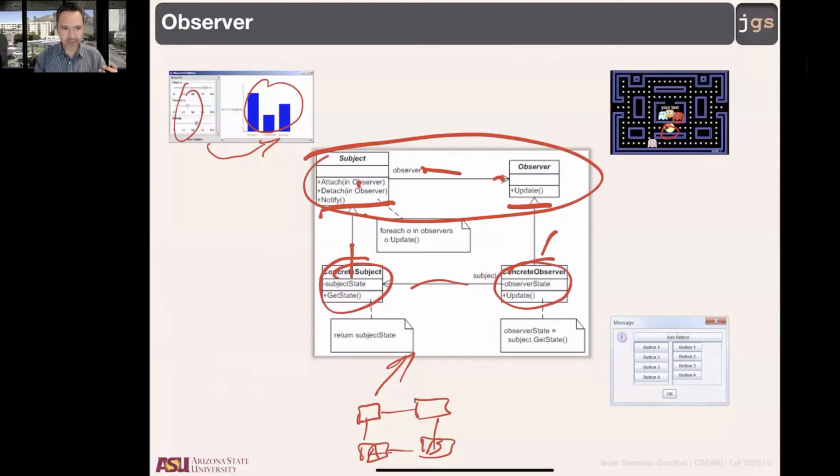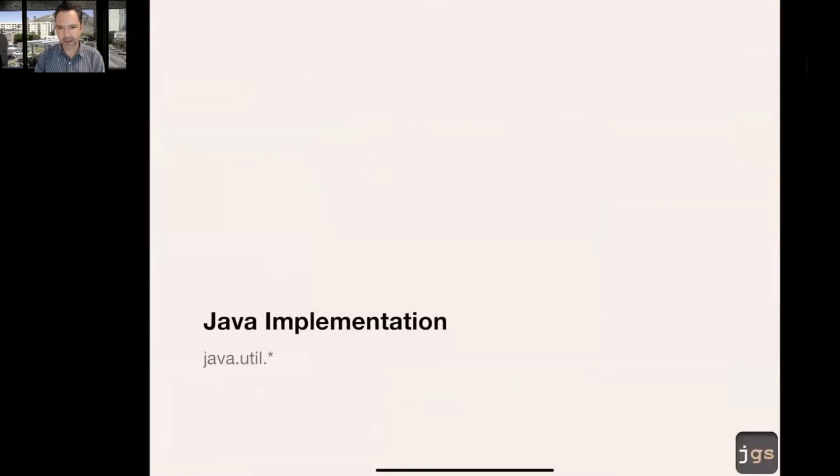They exist in the Java API. So the only thing that you need to do is the classes that are related with your problem, Pac-Man, the ghost, or whatever you are doing here, and you can use these extra classes from the API.